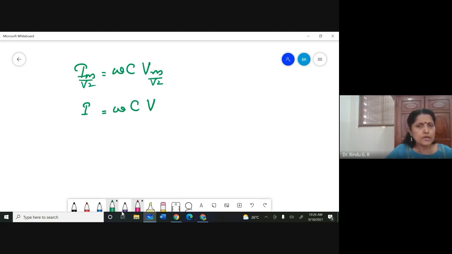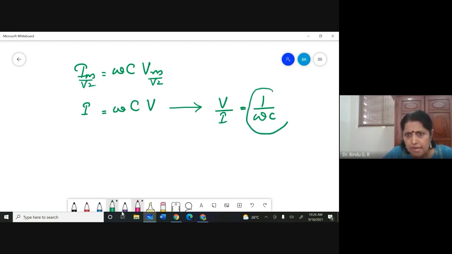Now, if I bring it in the form of my already familiar Ohm's law, I get V by I is equal to 1 by omega C, where I put that 1 by omega C as Xc, the capacitive reactance.